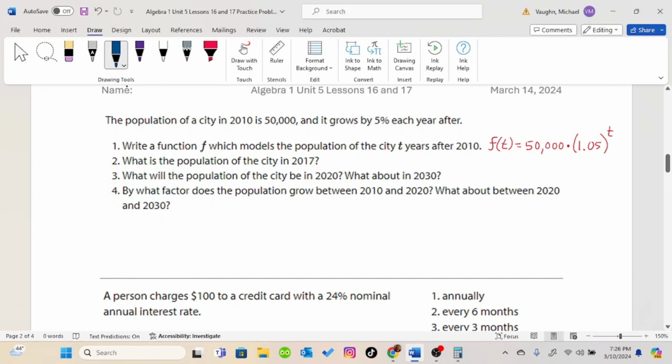Number 2. What is the population of the city in 2017? Well, 2017 would be 7 years later. So this would be f of 7 equals 50,000 times 1.05 to the 7th power.